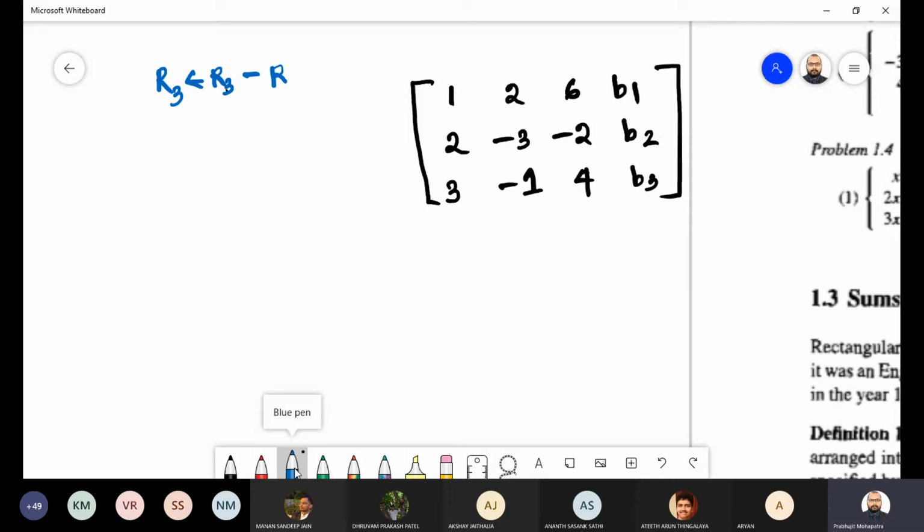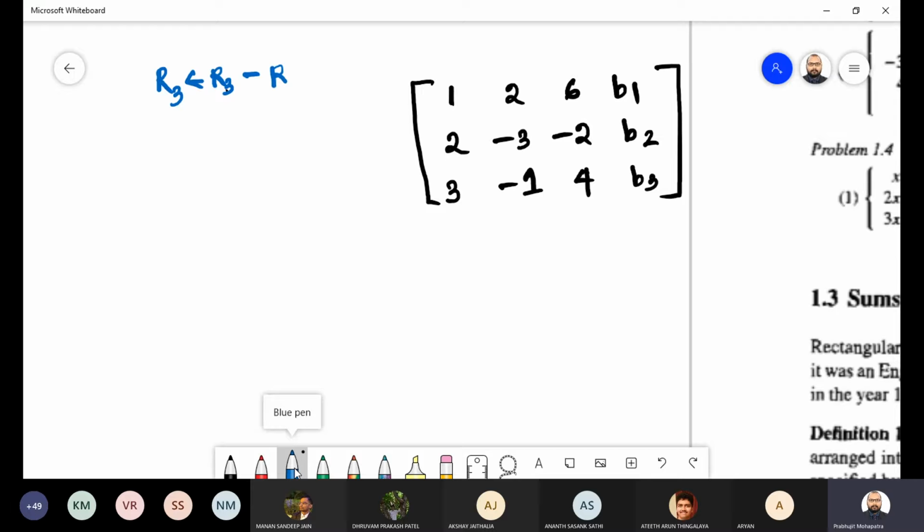Row 3 minus row 2 also, if you are making it.